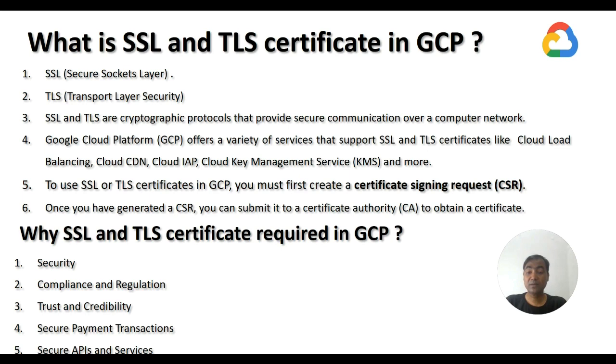Cloud IAP can be used to authenticate users and authorize their access to GCP resources. Cloud KMS can be used to manage and distribute the cryptographic keys. It can also be used to generate and sign SSL and TLS certificate. Certificate can be used to secure connection to service and ingresses in Google Kubernetes Engine cluster. SSL and TLS certificate can be used to secure custom domains for application deployed on App Engine.